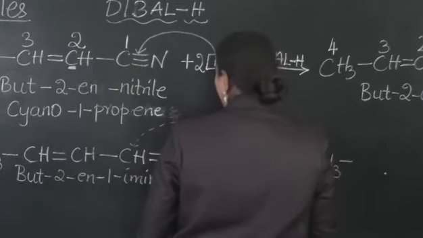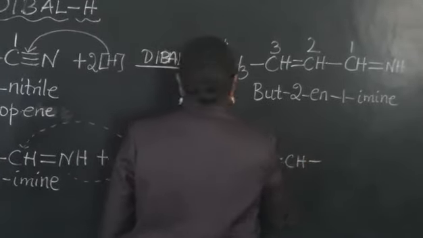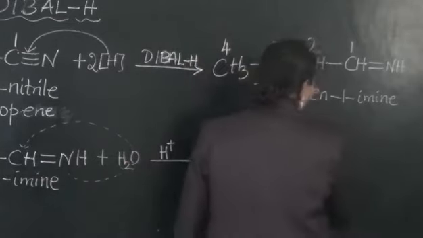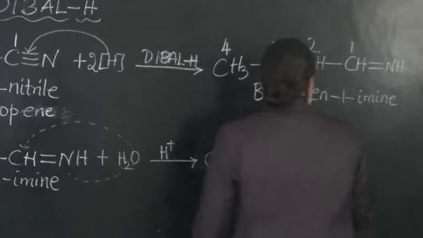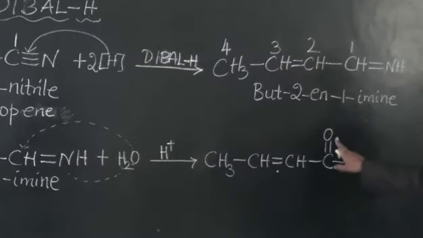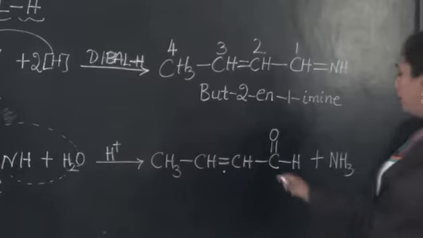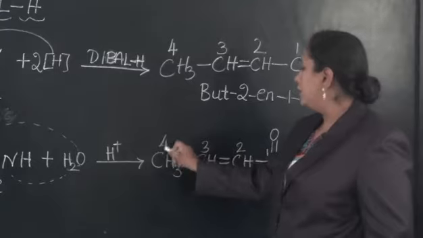CH3 single bond, CH double bond, CH single bond. Now with the CH, O takes a linkage. How will this be? C linked with oxygen by a double bond and then H. So we end up with the formation of CHO. That means the formation of an aldehyde has taken place. Along with that will be the yield of NH3. Now what is the name of this compound? This will be our first, second, third, fourth carbon atom.